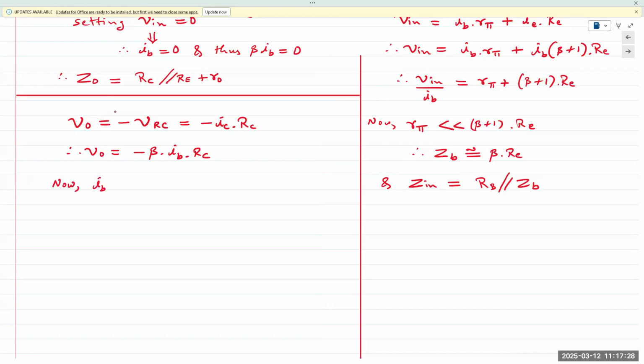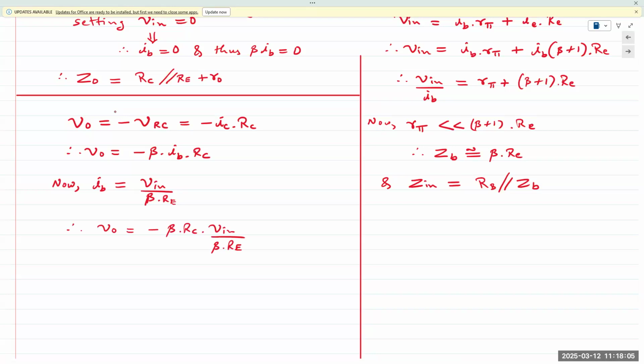We can write an equation for IB is V in over beta times RE. Plug that back in, substitute it in, and we can write VO is minus beta RC times V in over beta RE.